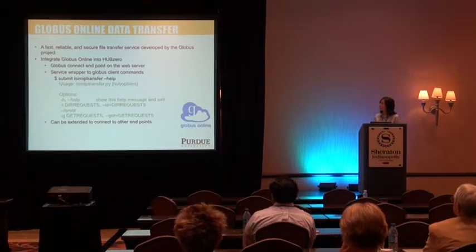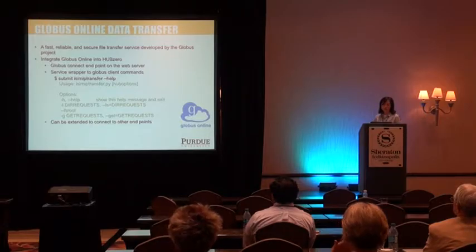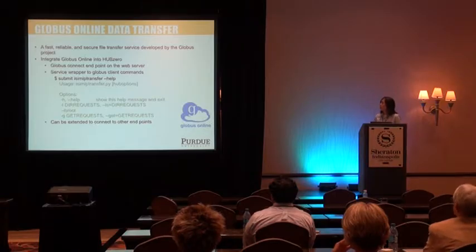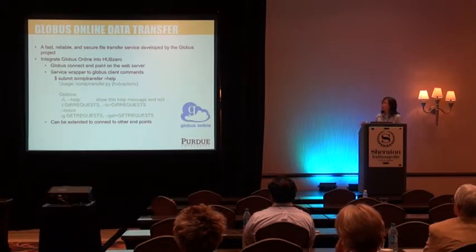First, we set up a Globus Connect endpoint on the hub server, and then configured that to connect to the remote CMIP5 archive. The second part is to create a service wrapper for the Globus client commands, and then make it available within the workspace so that tools can invoke it to start the file transfer.